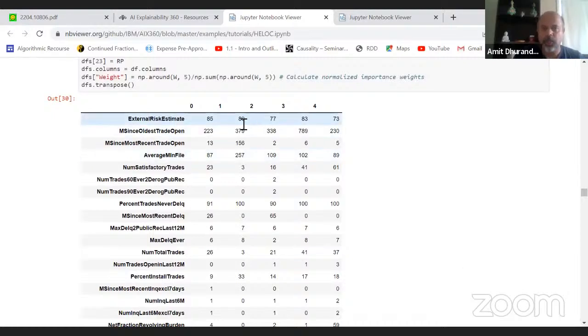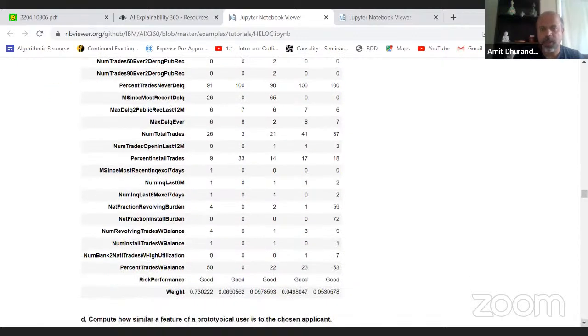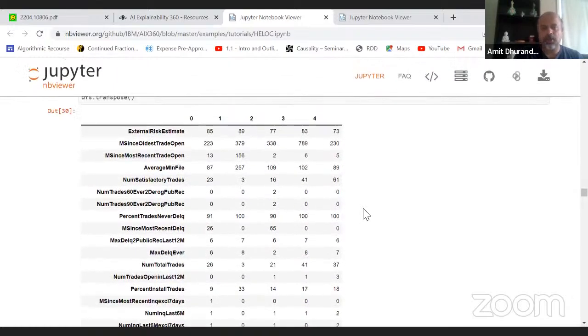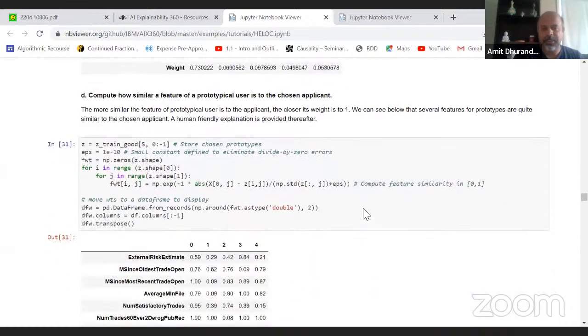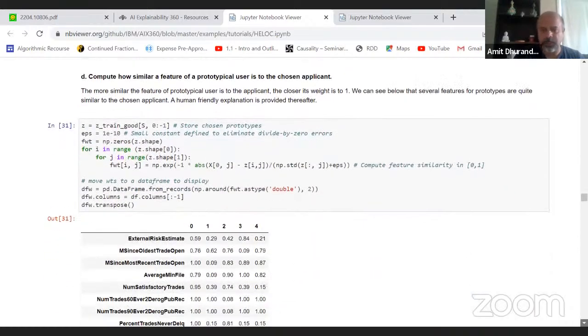And this is the output it will give. In this case, it gives 5 other people who are very similar, all of whom have the output good, which essentially means the loan was approved, but they are very similar to the profile of the person you're interested in. And these are just some details on how feature similarities are computed.